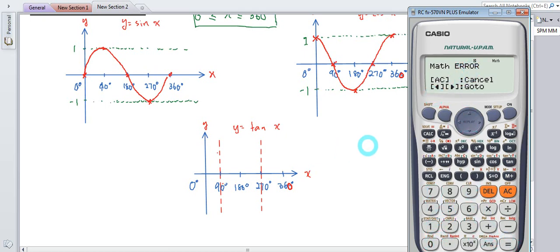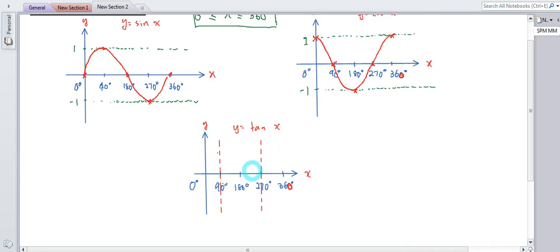Okay, math error also, right? So our graph cannot touch 90 degree and 270 degree. So the graph is actually start from here and getting closer and closer to this line, but it will not touch the line here. Same thing here. Okay, so this is the shape of tangent graph.